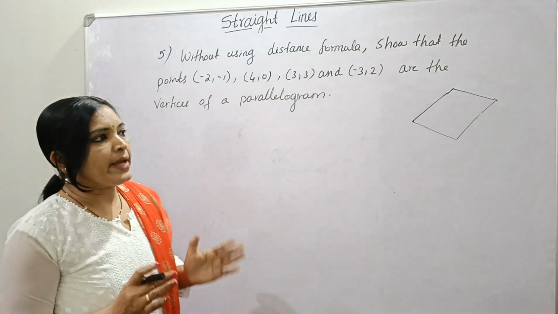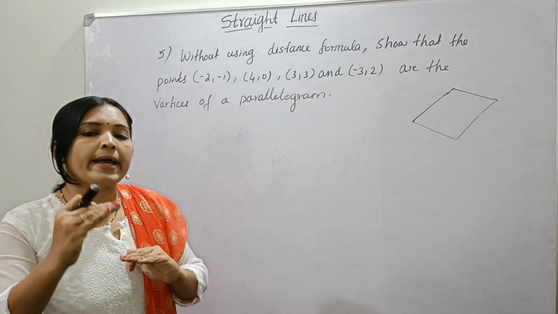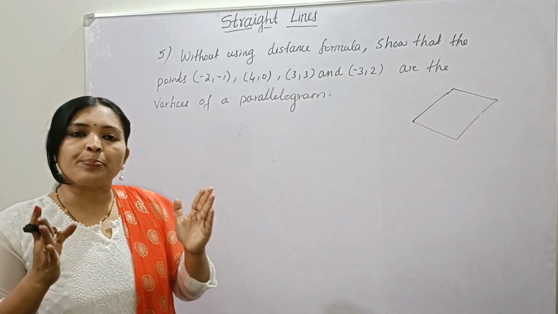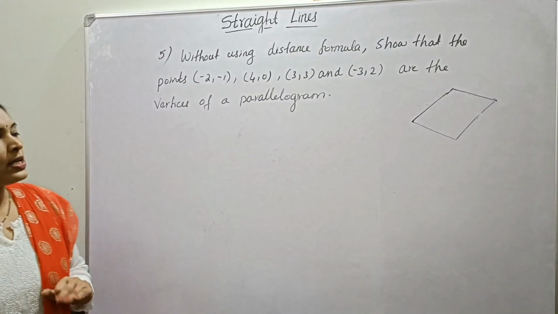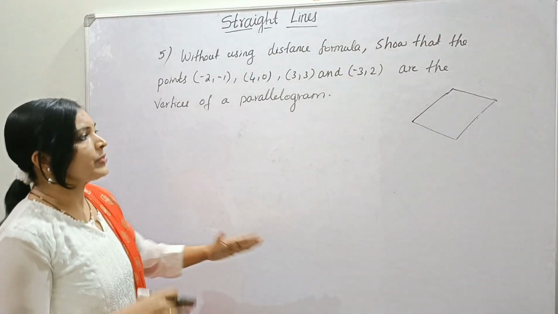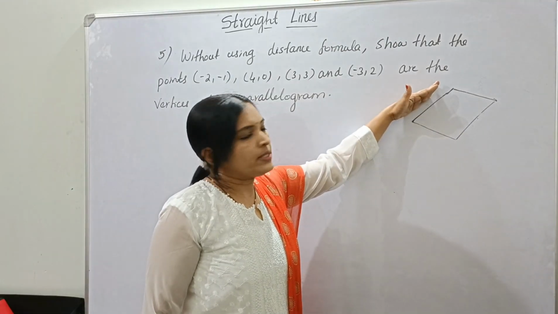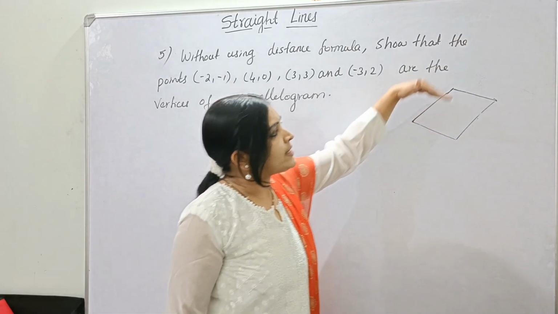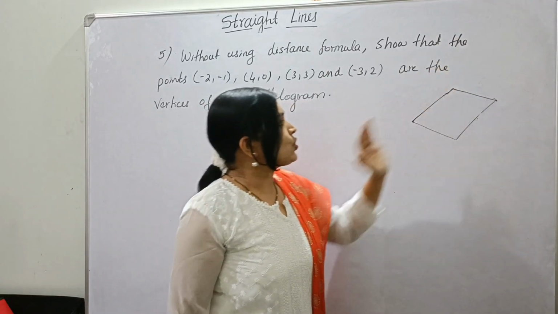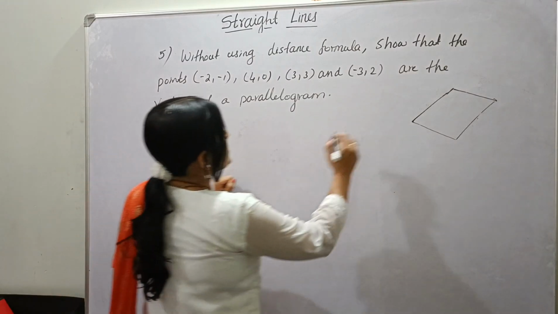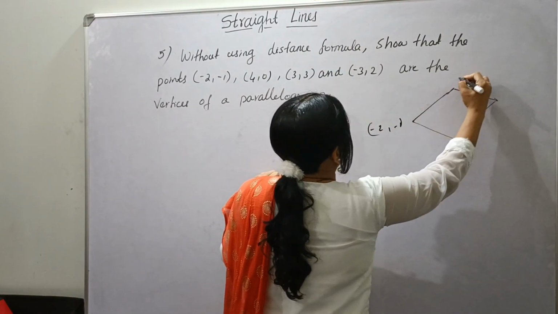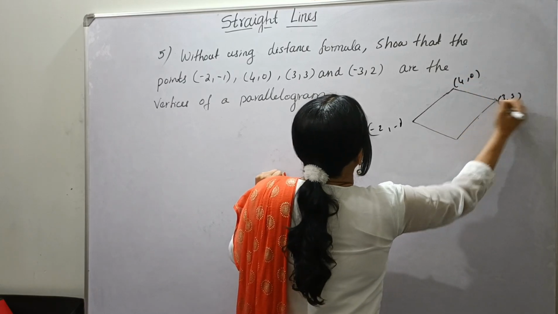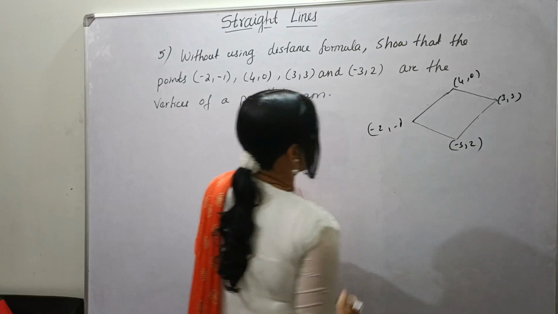So here we know that in a parallelogram, opposite sides are parallel, isn't it? And we studied that if two lines are parallel, their slopes are equal, right? So here we have to show first that the slope of this line is equal to the slope of this line, and the slope of this line is equal to the slope of this line. Let us represent these points: (-2, -1), (4, 0), (3, 3), (-3, 2).